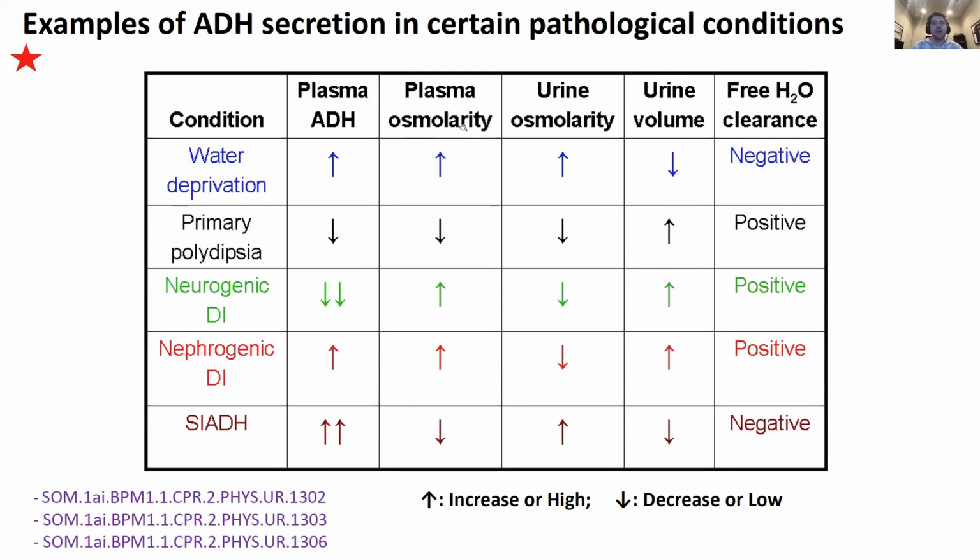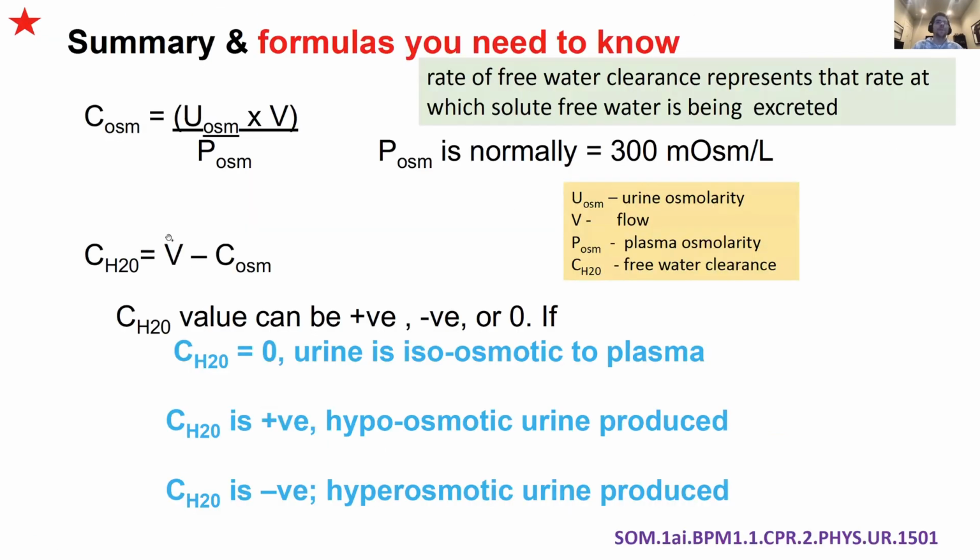Remember, plasma osmolarity is going to be how much solutes or sodium and whatnot you have in the plasma versus urine osmolarity, same thing, and the volume. So remember, free water clearance is going to be all the water that goes in excess of the actual concentration. So if you have a high free water clearance, you're peeing out a lot of just pure water.